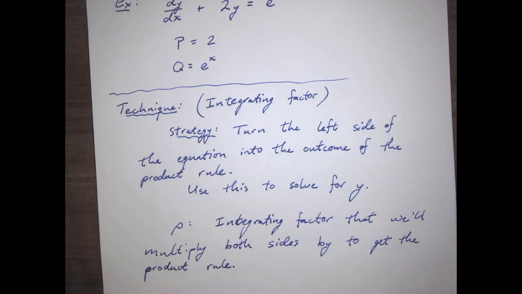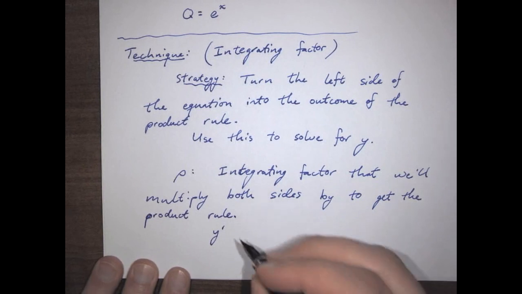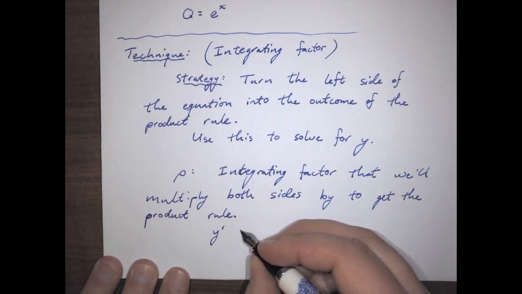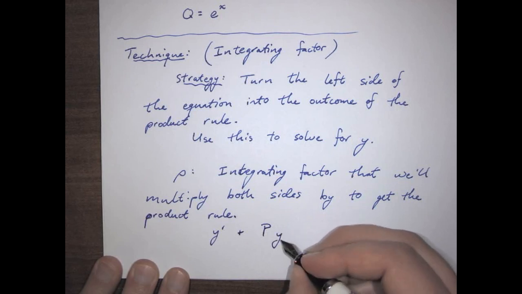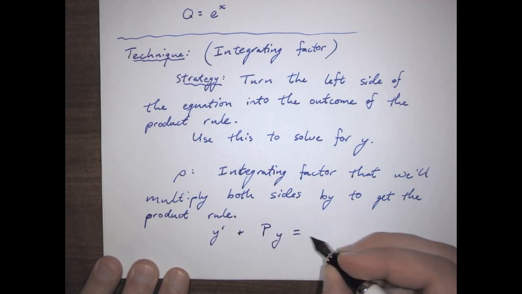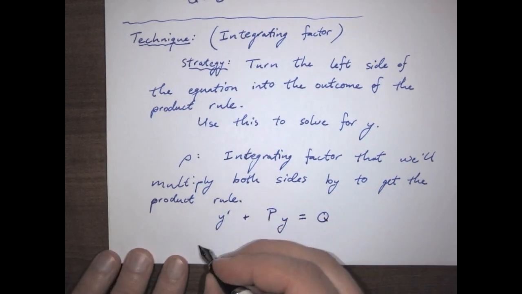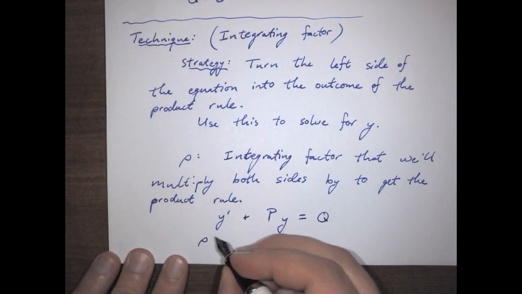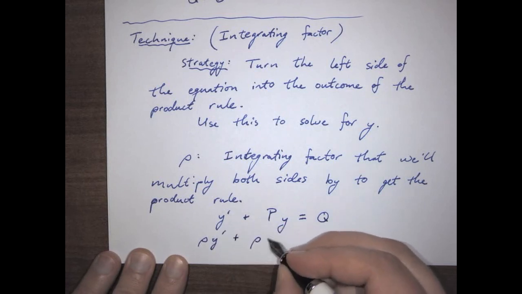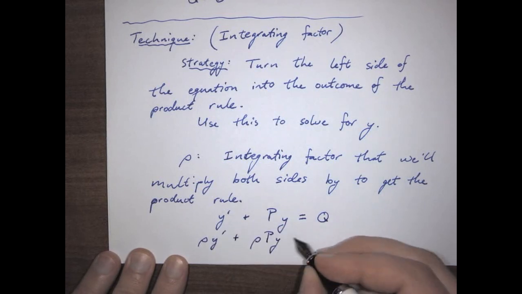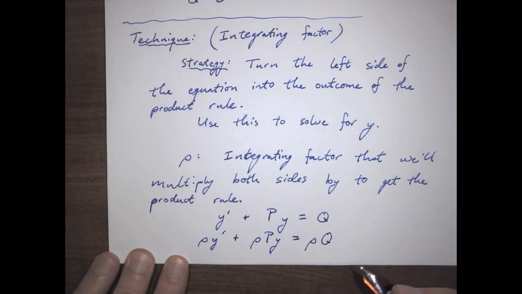In other words, we'll take y prime plus py is equal to q, and multiply both sides by rho. So that means it's going to be rho y prime plus rho py is equal to rho q.